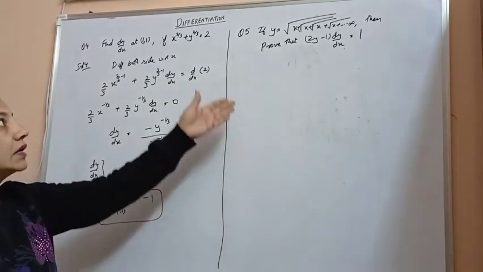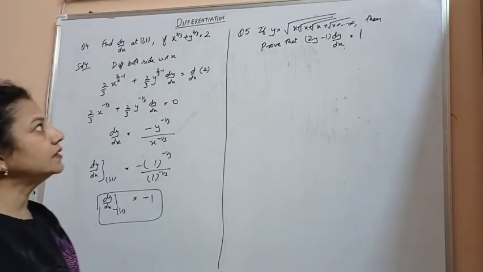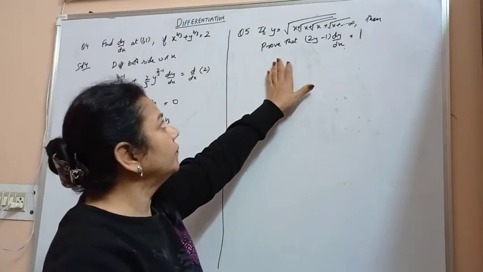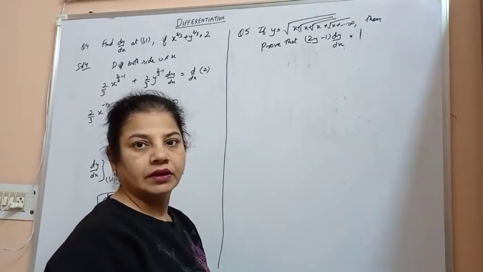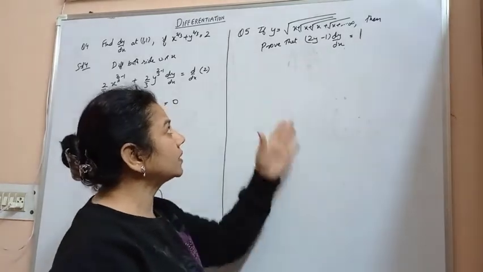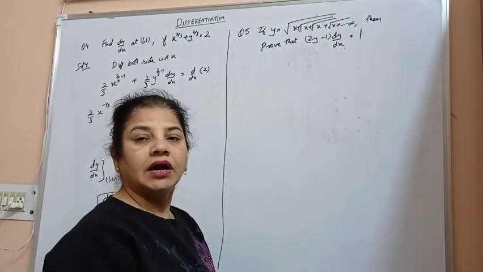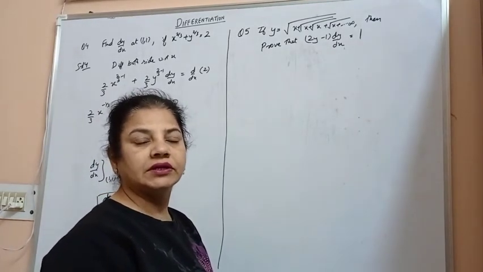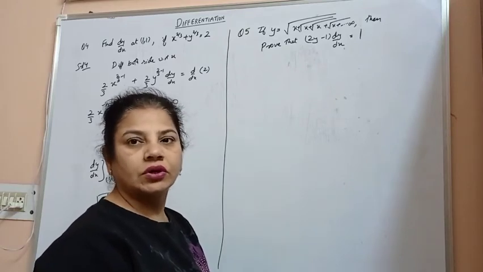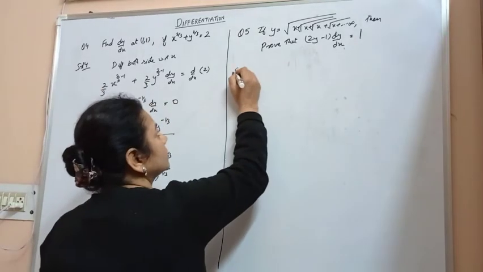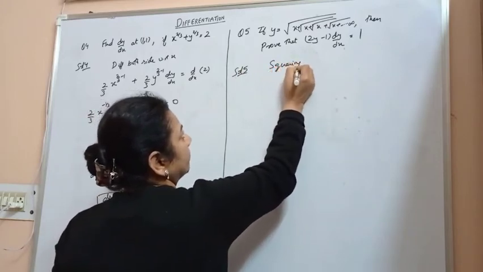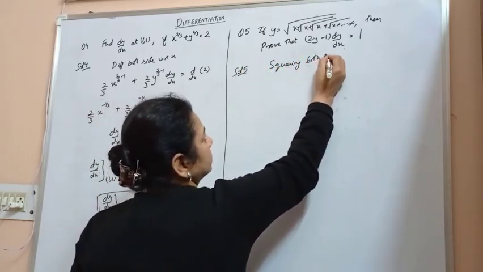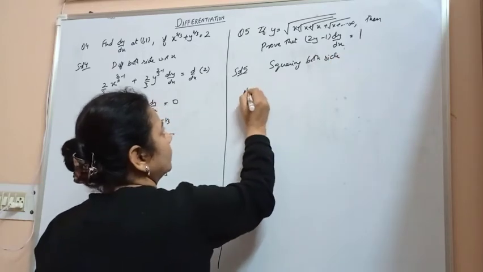Considering this question, if y is given in this form, we have to prove that 2y minus 1 dy by dx is equal to 1. In this case, since there are so many square roots, I will take the square on both sides. So squaring both sides, what should I get? y square.